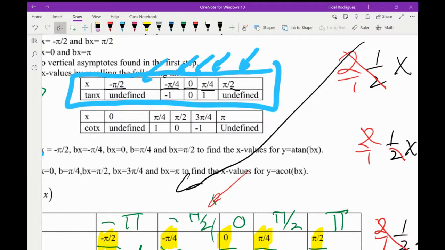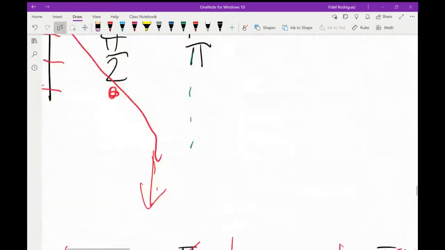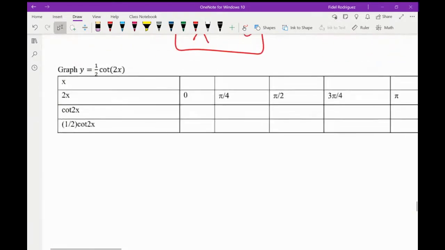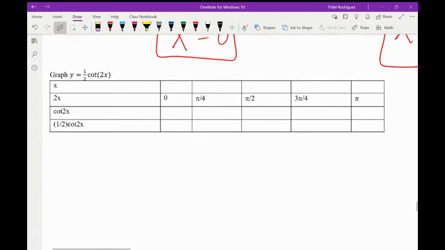So I know that the cotangent of 0 is undefined, the cotangent of pi/4 is 1, cotangent of pi/2 is 0, cotangent of 3 pi/4 is -1, cotangent of pi is undefined. Okay? And so what we're going to do is figure out how to graph these. So if I scroll down over here, I already set up the table for us.